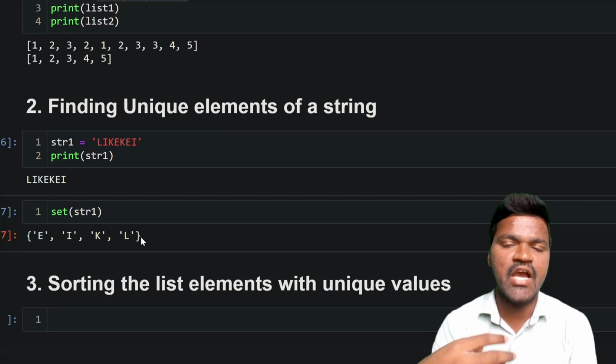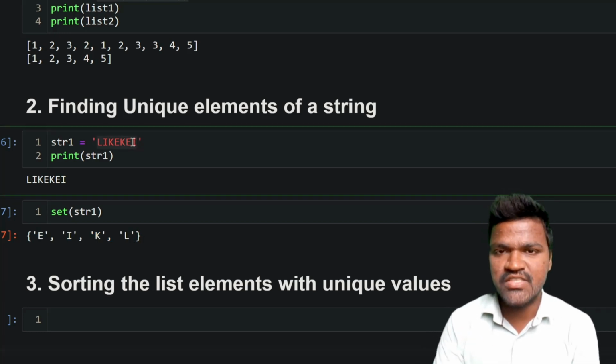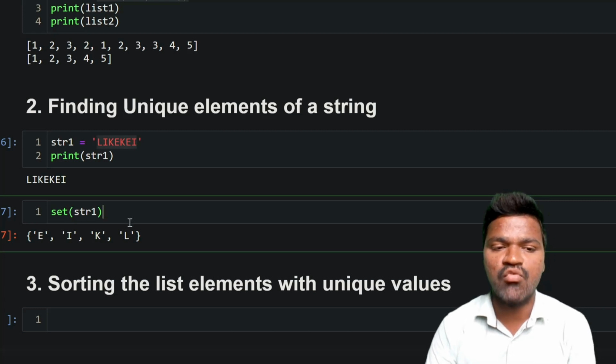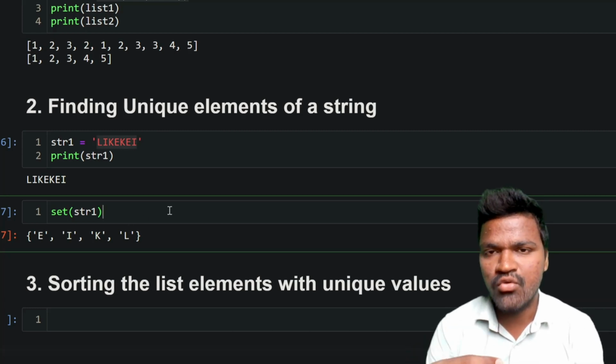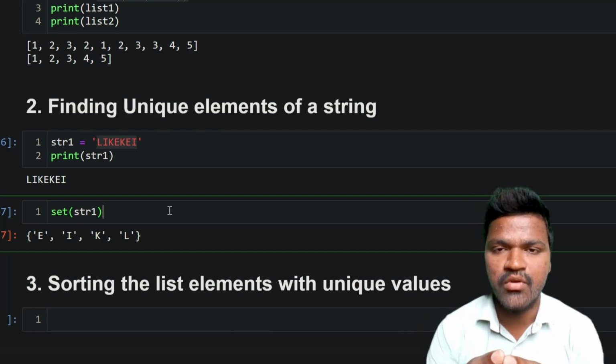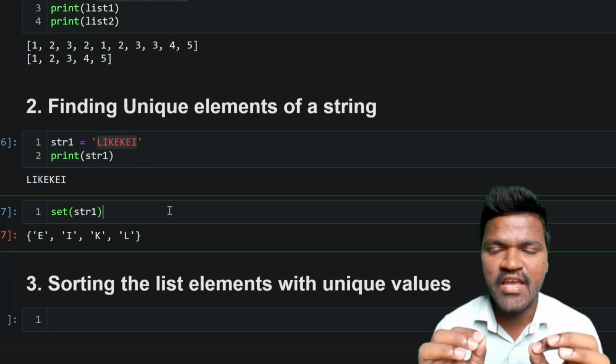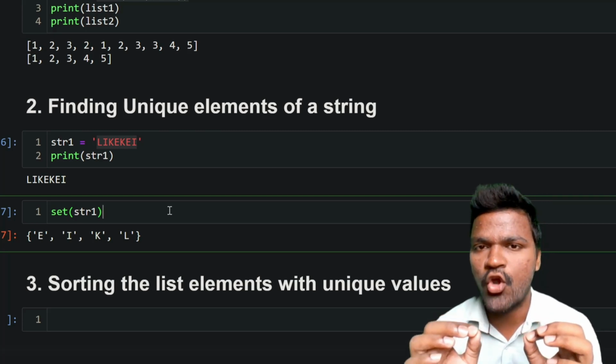Previously we passed a string, and we need to get the result in terms of a string, right? In order to do that, we know one of the methods to concatenate all the elements in an iterable, whether it may be a list, tuple or set. That method is join, right?